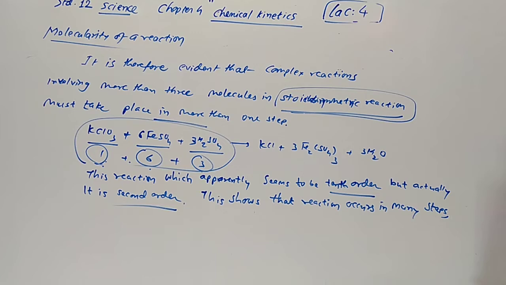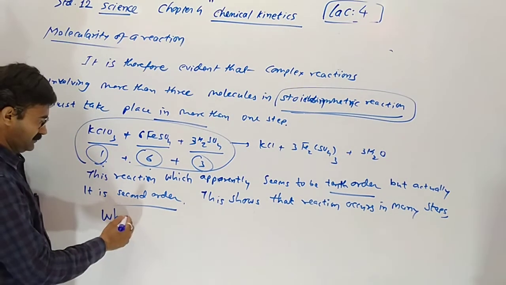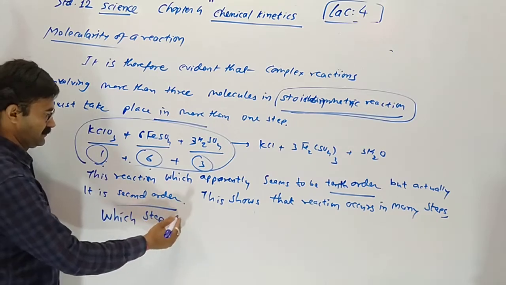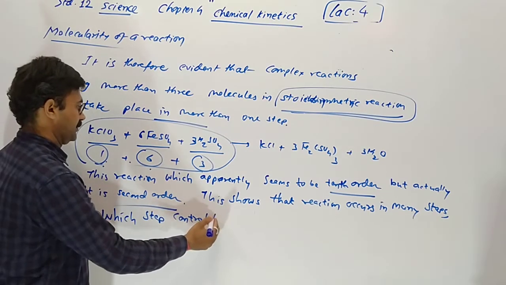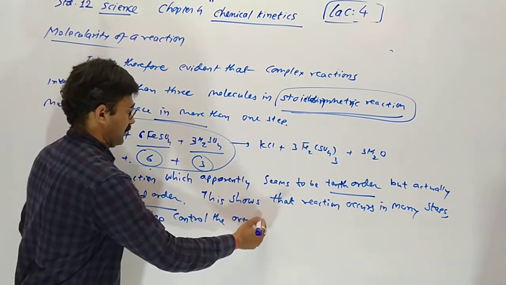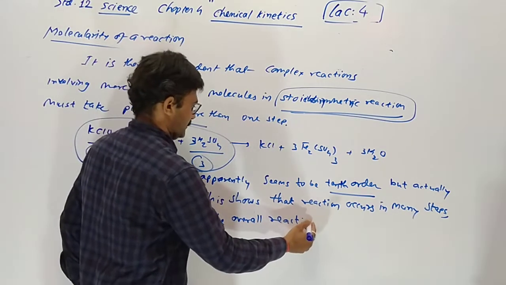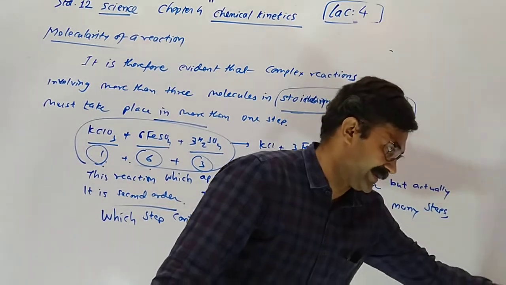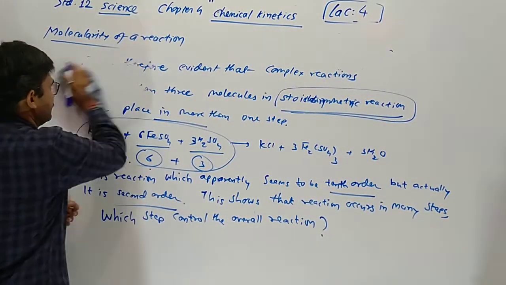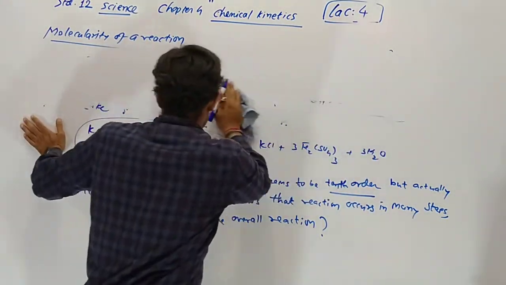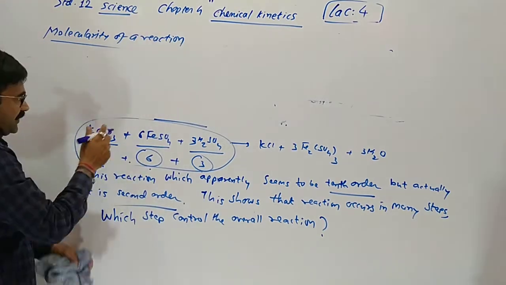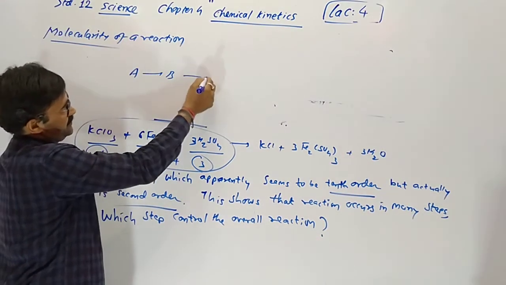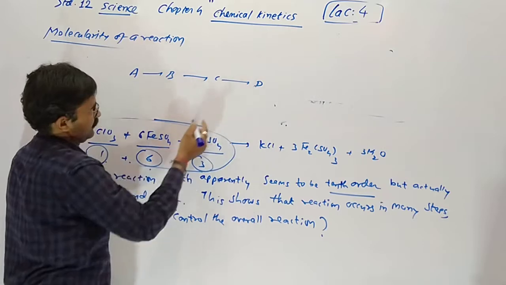Which step controls the rate of the overall reaction? The slower one. I am giving you the best example for that. Suppose in the industries, in the factory, a reaction occurs in 3 steps.